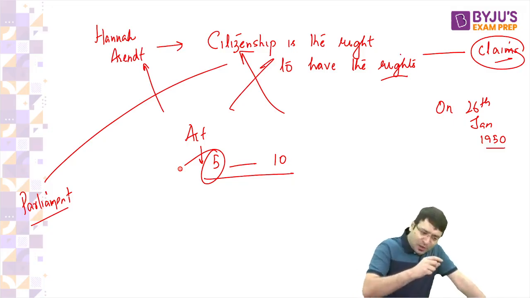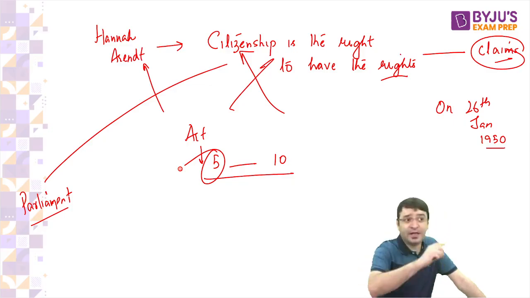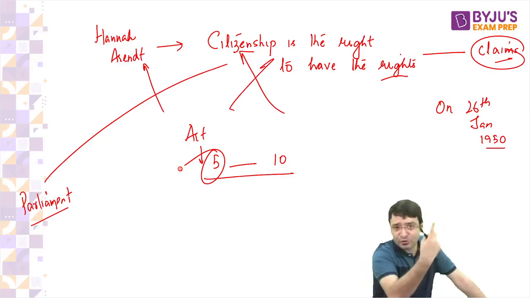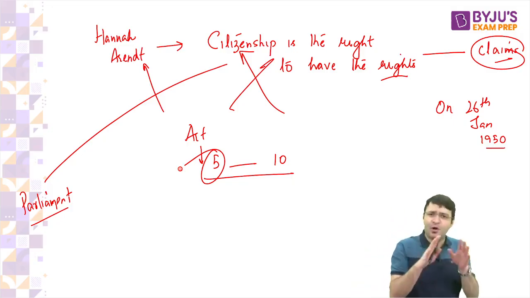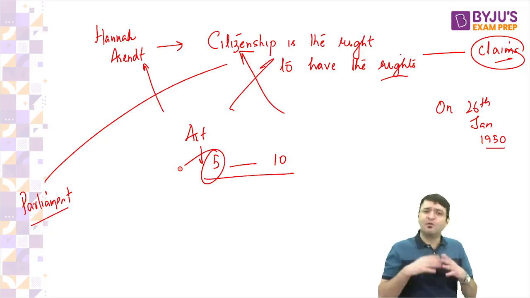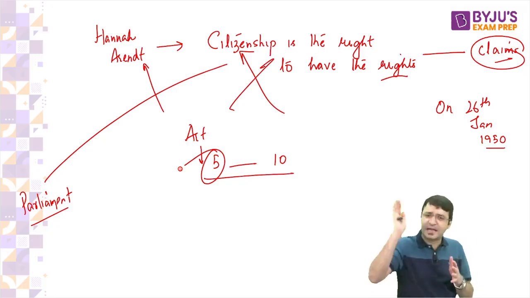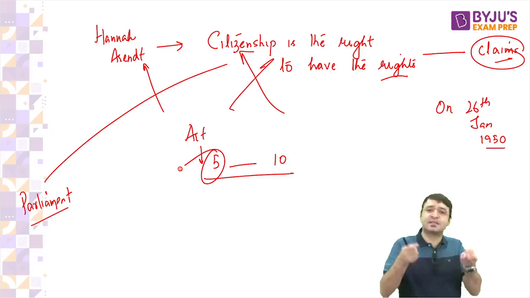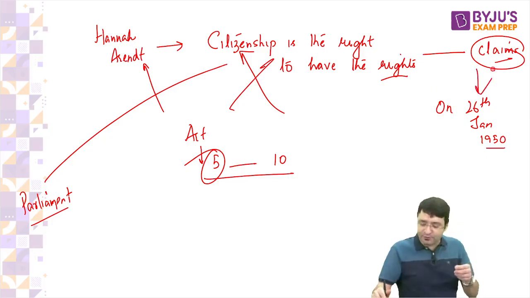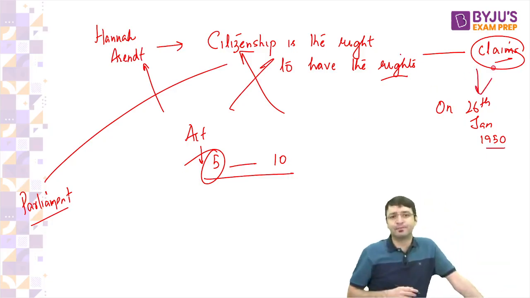Article 7 talks about what happens to those who migrated from India to Pakistan, but then want to come back as well. So Articles 5 to 10 are not relevant for your exam now. Why? Because we are past that stage. These articles spoke of who is the citizen of India at the time of the commencement of the Constitution.